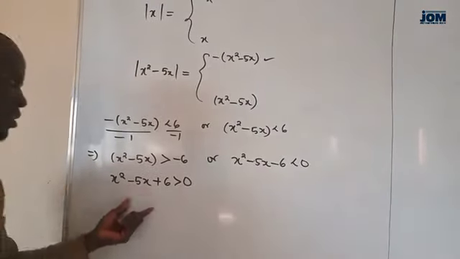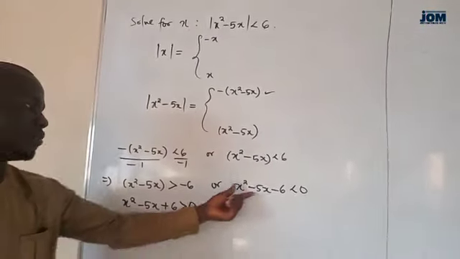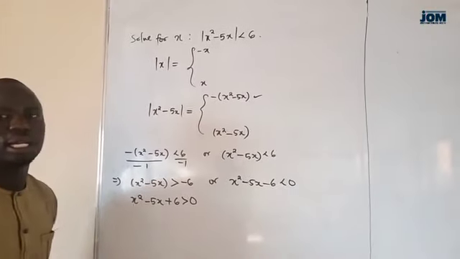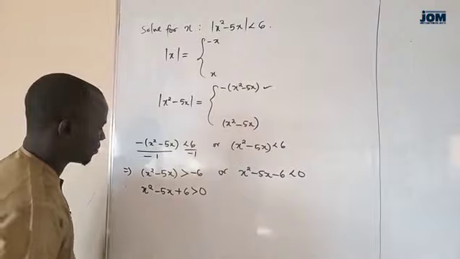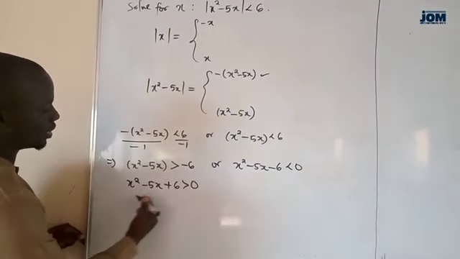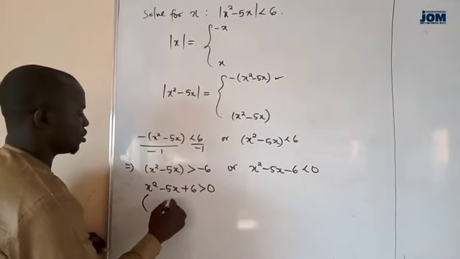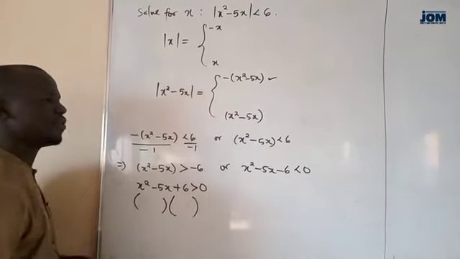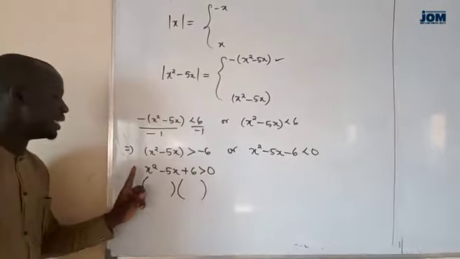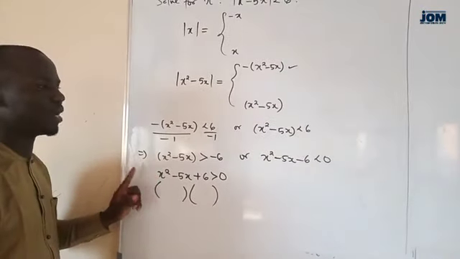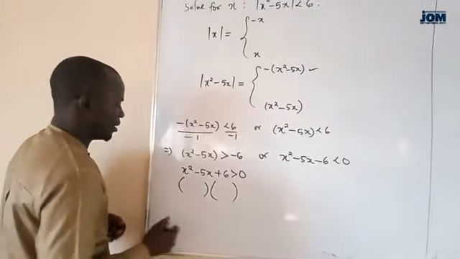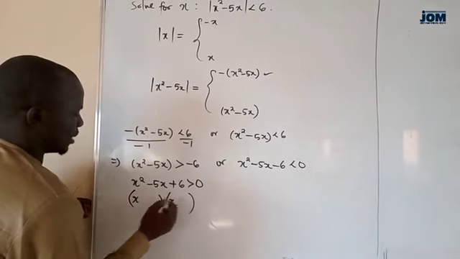So we have to solve this quadratic and solve this quadratic, and let us see the results. Solving this quadratic using the factorization method, I'm just going to give you a shortcut. Normally, if the leading coefficient of x squared is 1, there is no need to panic. Just put x here and put x here.